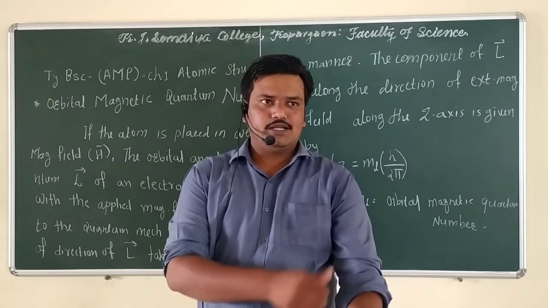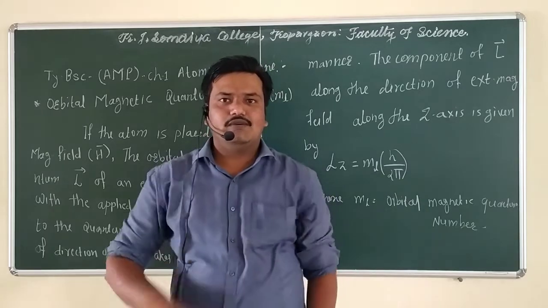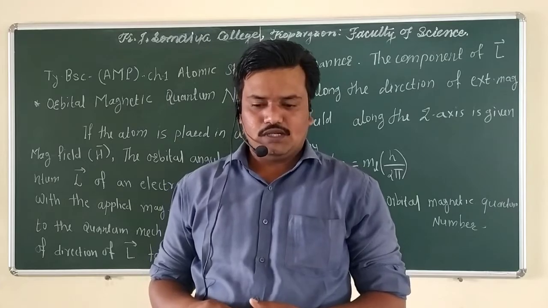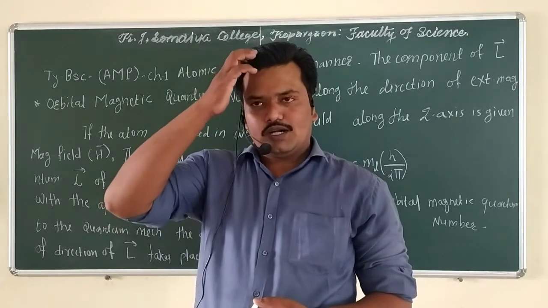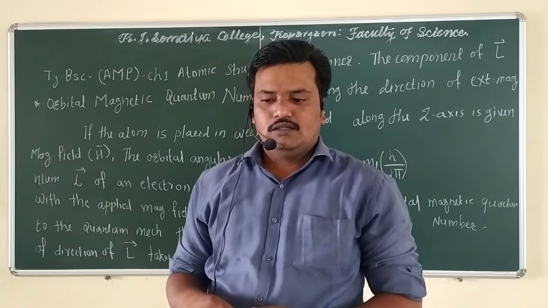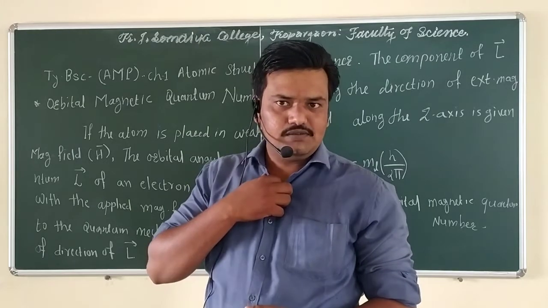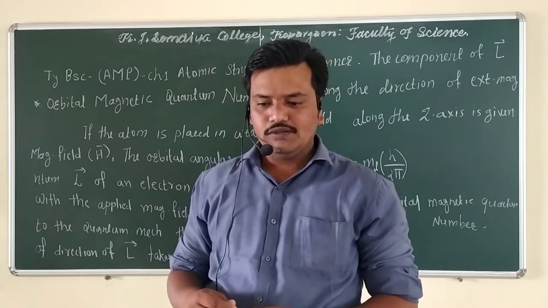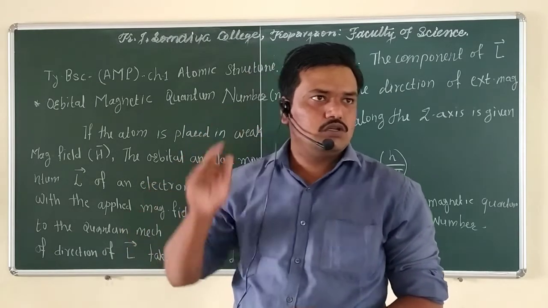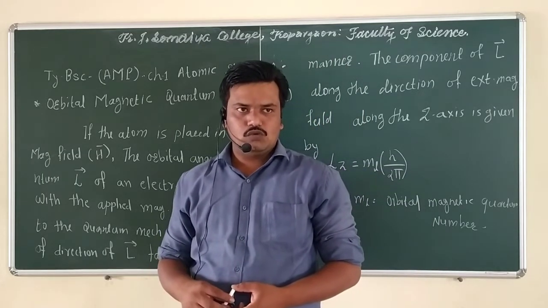According to quantum mechanics, the direction of L is quantized discretely, and the component along the z axis, Lz, is given by ml into h upon 2 pi.